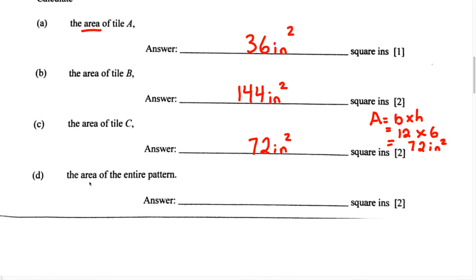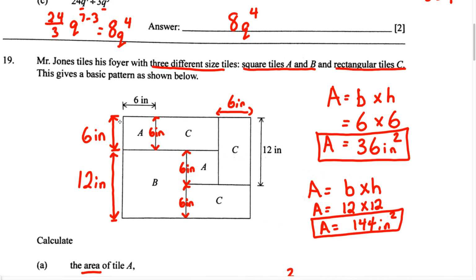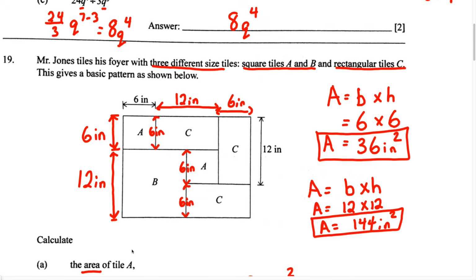Okay, now part D says the area of the entire pattern. Now, if we look at this, we can see this is a rectangular shape. Let's just find the length from here to here. And we know if this side is 6 inches, then the length of this side is going to be 12 inches. We're just going to write 12. Now we can add this up.